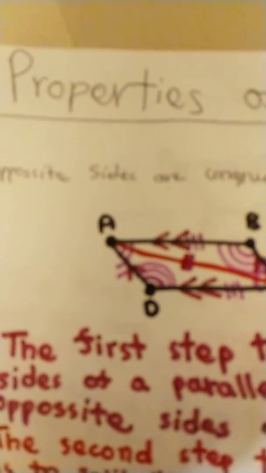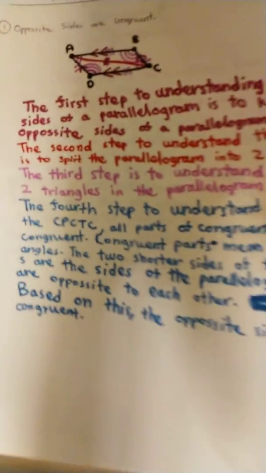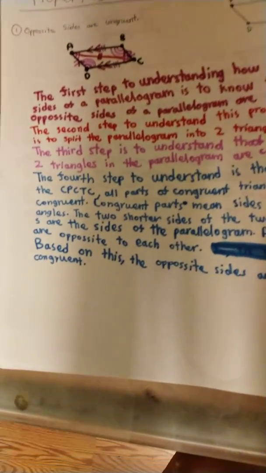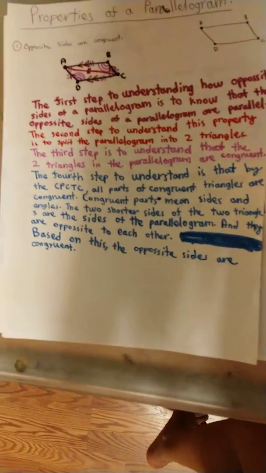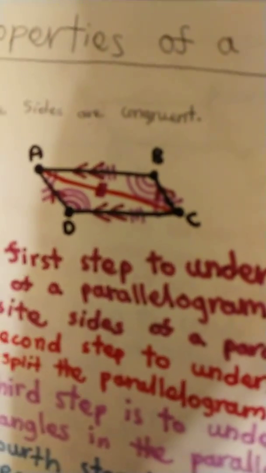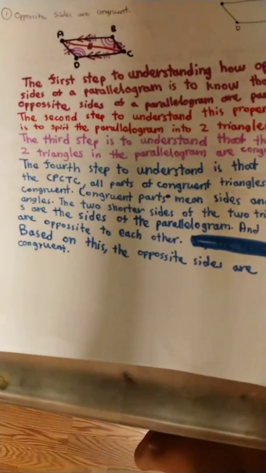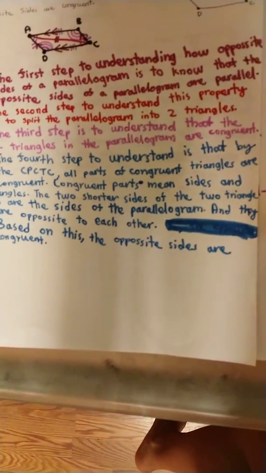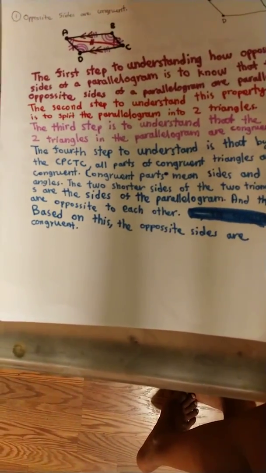You can use the reflexive property and some parallel line properties, and the parallel line facts will reassure you why these triangles are congruent. The fourth step is CPCTC: all congruent parts of congruent triangles are congruent. Congruent parts mean sides and angles.